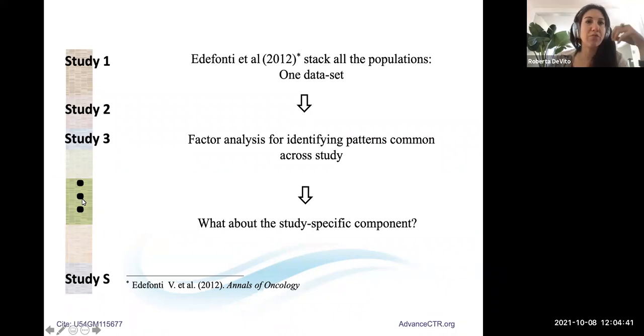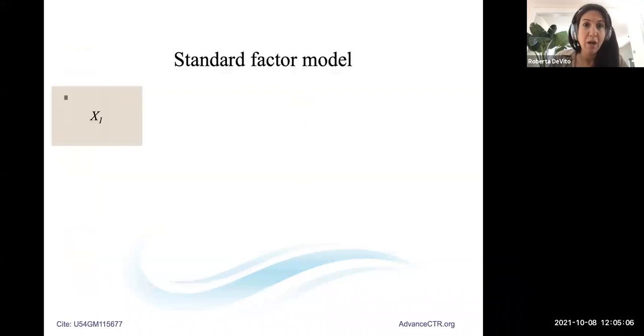In this way, of course, we can measure some common shared component across all of these studies, but it is missing one piece. And this piece is the study-specific component, because all of these populations can have a different heterogeneity, a different variation, coming exactly from the population that we are measuring.